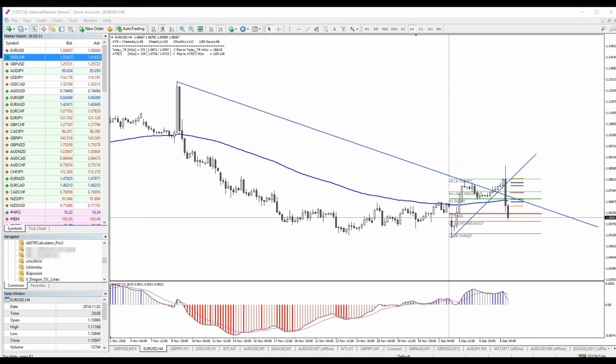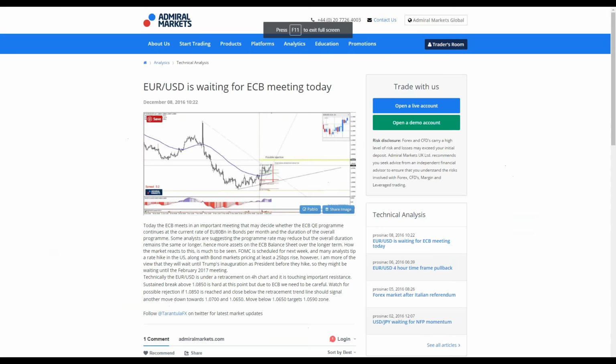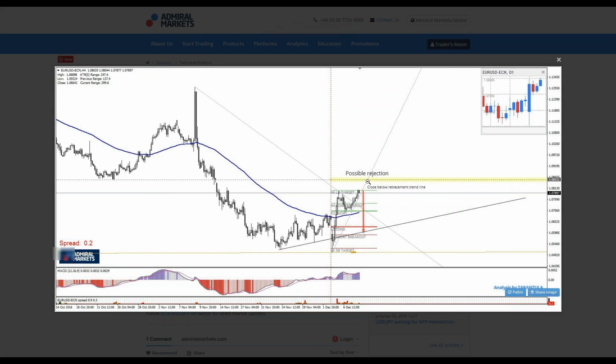It was very good here. It went as expected. You see, I said possible rejection here, guys. Now, if you trade it with the simple POC rejection, if you place your trade into this zone, you could have made directly 200 pips today.